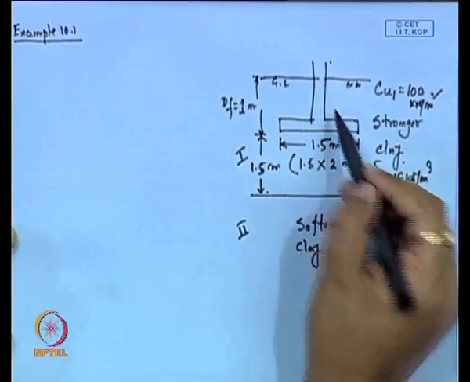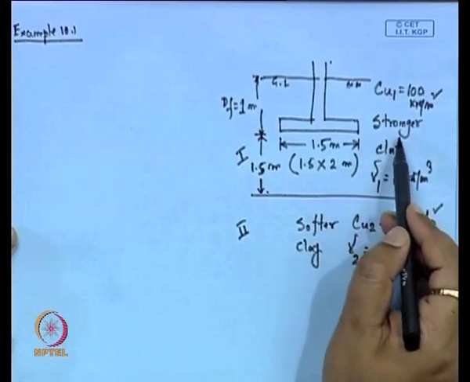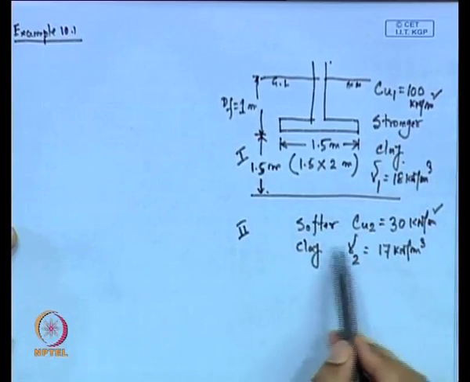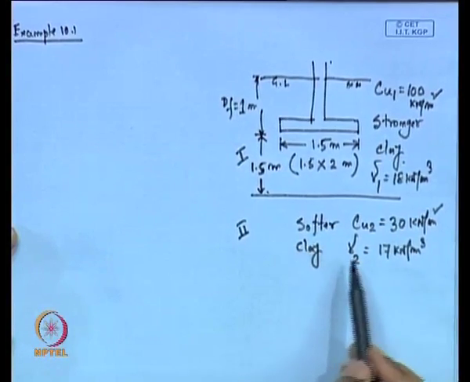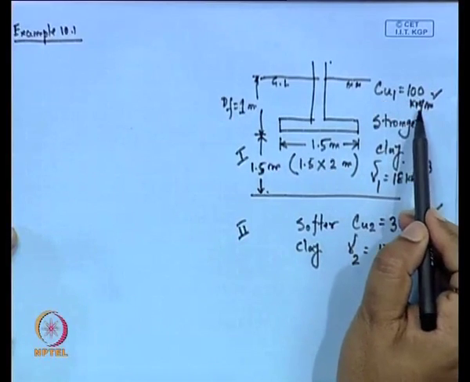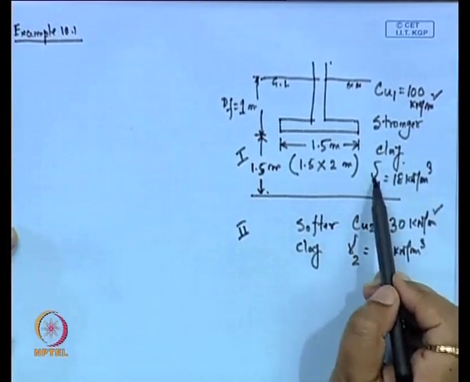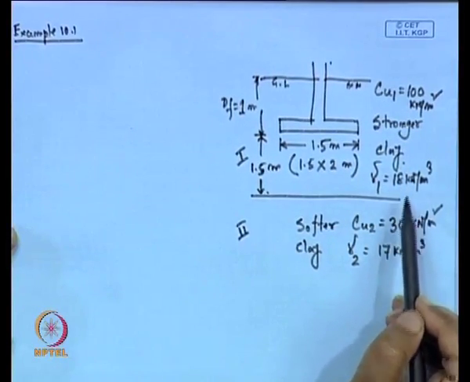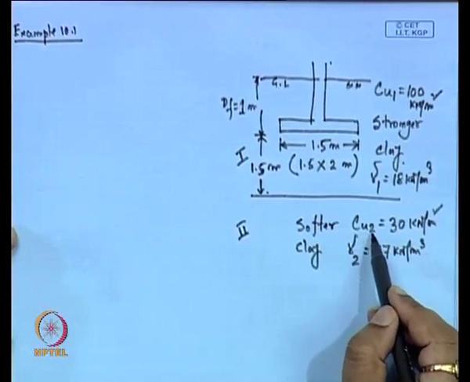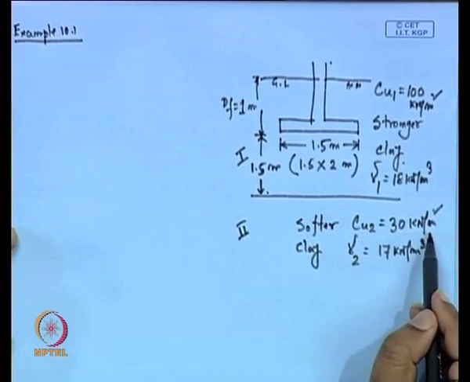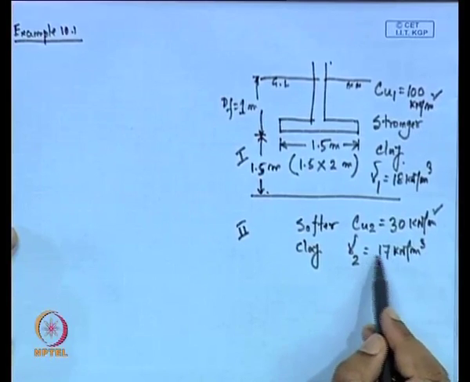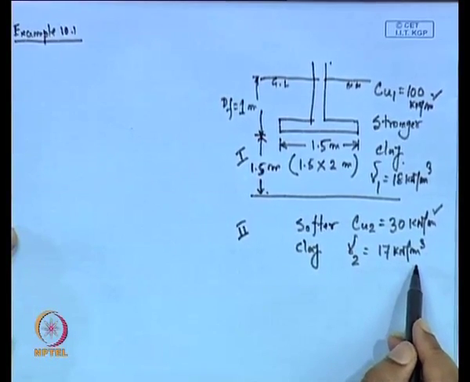So, layer 1 is stronger clay, layer 2 is softer clay. The cohesion of layer 1 is 100 kilonewton per meter square and gamma 1 is 18 kilonewton per meter cube. Cohesion of layer 2 is 30 kilonewton per meter square and gamma 2 is 17 kilonewton per meter cube.